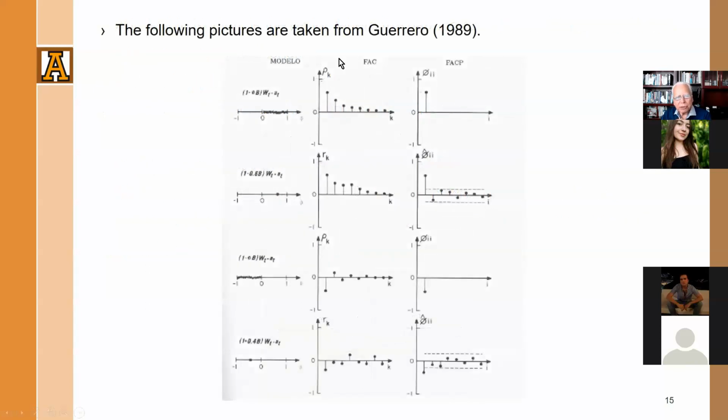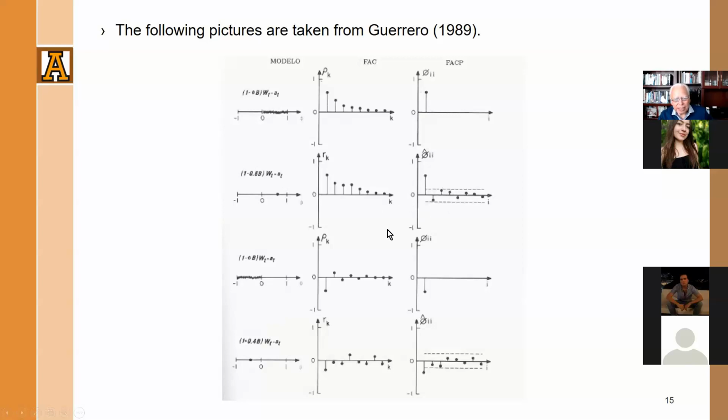Now, I took these pictures from a book by Victor Guerrero, and this tells you for each of the models what's the ACF and the PACF. This is the theoretical ACF and theoretical PACF, and these are data generated from this model with phi equal to 0.5, and the PACF, the sample partial autocorrelation.